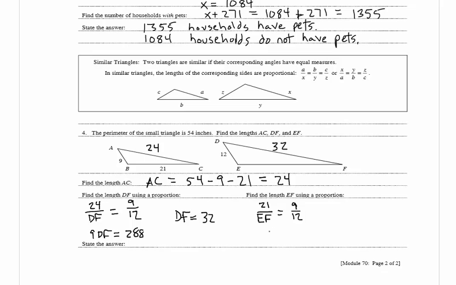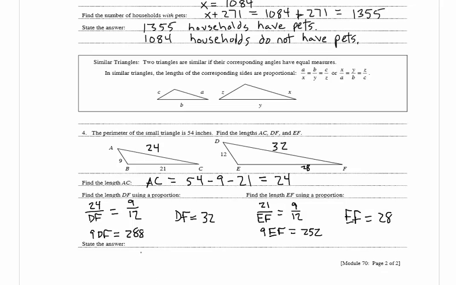And so we have 9 EF is equal to 21 times 12, which is equal to 252. And now we'll divide both sides by 9, and we get EF is equal to 28. We can put 28 in here.